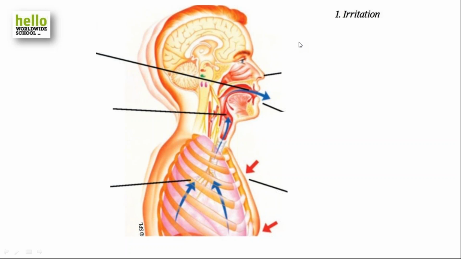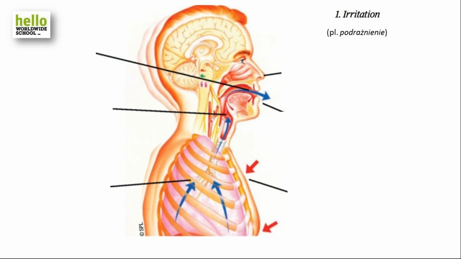Well, this is what happens actually. There are 6 stages, I think, and stage 1 is called irritation. Prior to irritation, actually, I have to show you a little caption in here. Prior to irritation, the diaphragm muscles are relaxed. Okay, diaphragm is the muscle in our tummy, right?